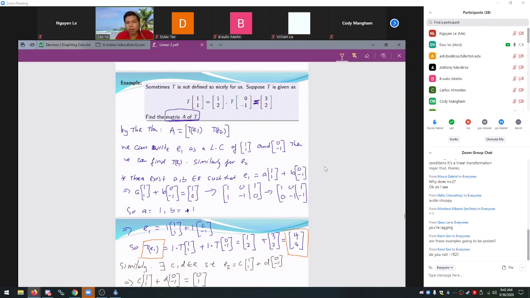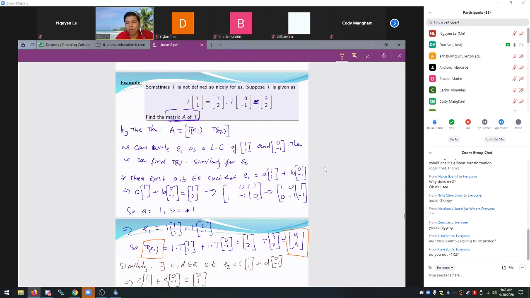So we still play around with the theorem that A always equals T of E1, T of E2, T of E3, and so on. Since we don't have the formula, we have to play around with the linear combination of E1 and E2.